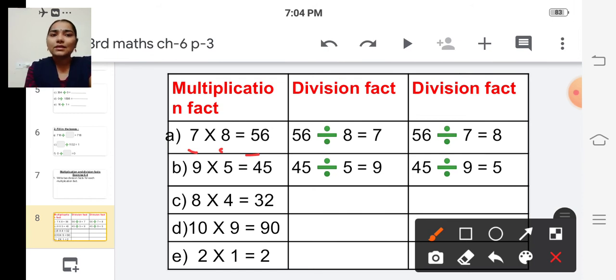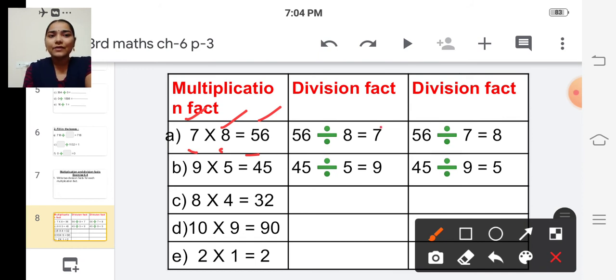So we can say that there are 7 children and each child has 8 chocolates. So totally they are having 56 chocolates. Like that we can say. Yes.